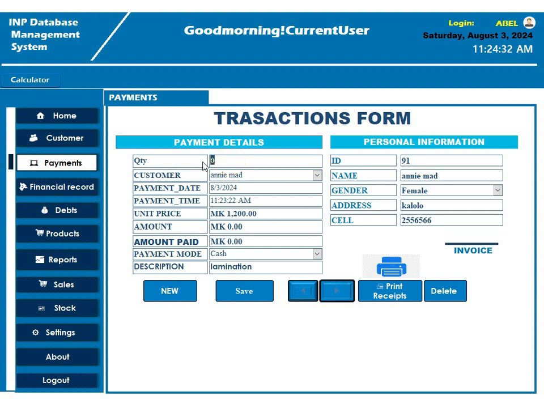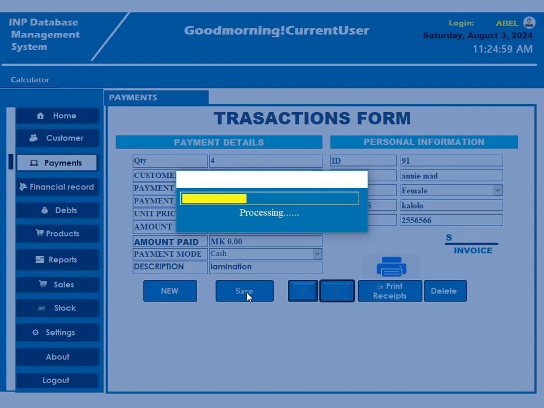So that's the quantity, multiplied by unit price, you get the amount here. So you can see the total amount, when you multiply 1200 times 4, the answer is 4800. So you save.